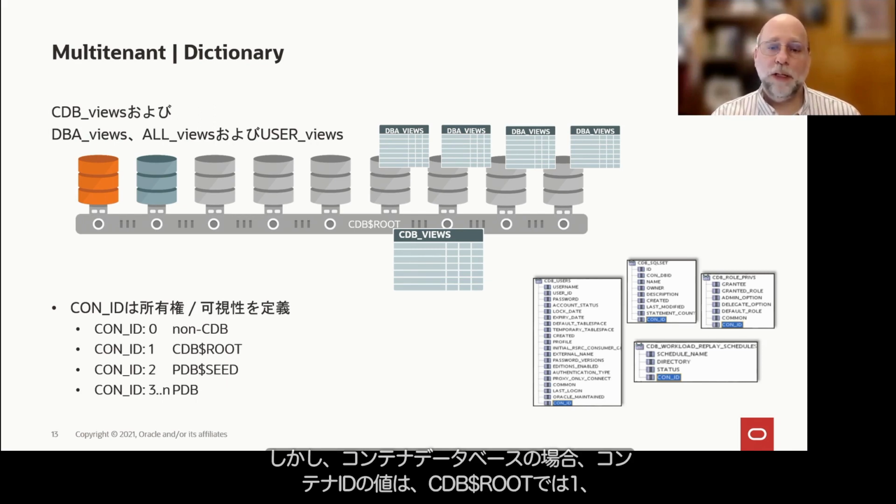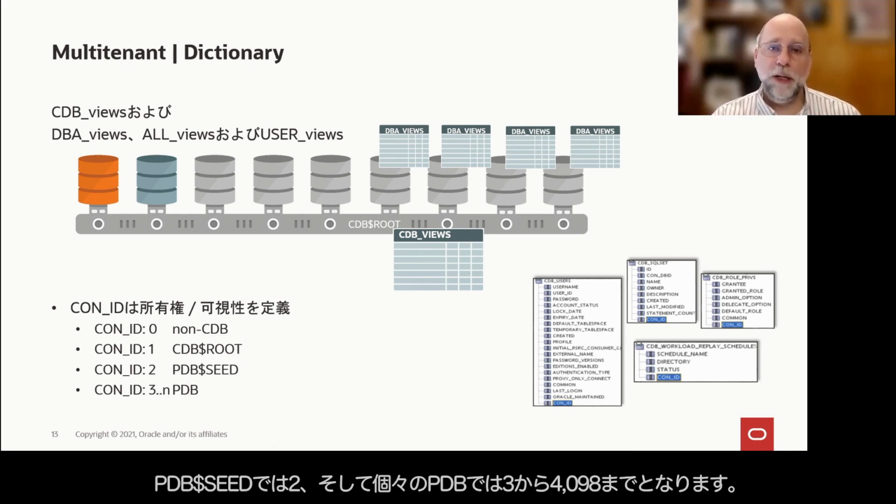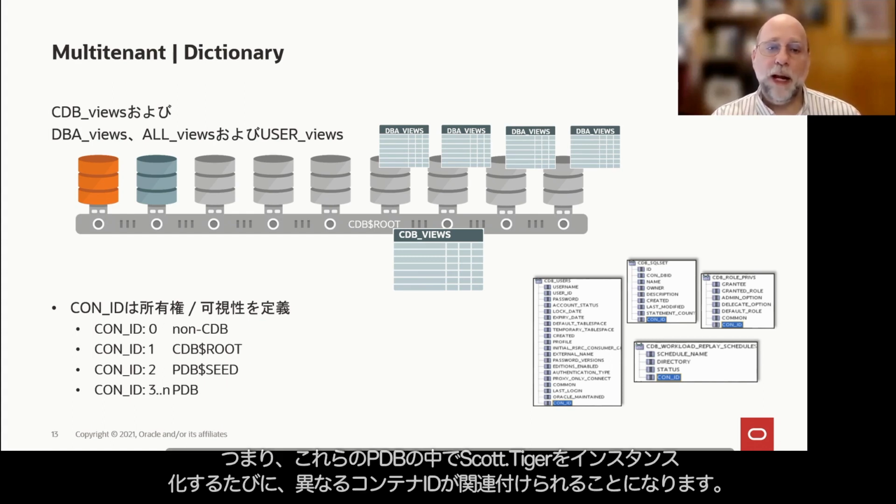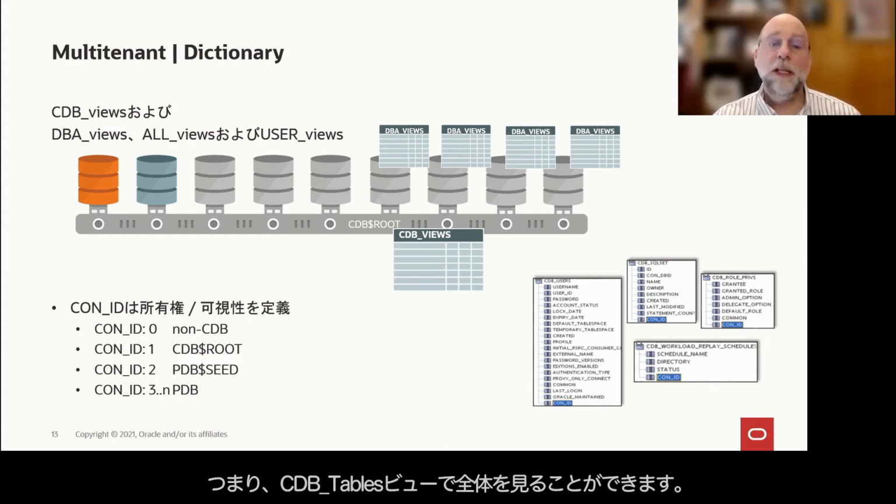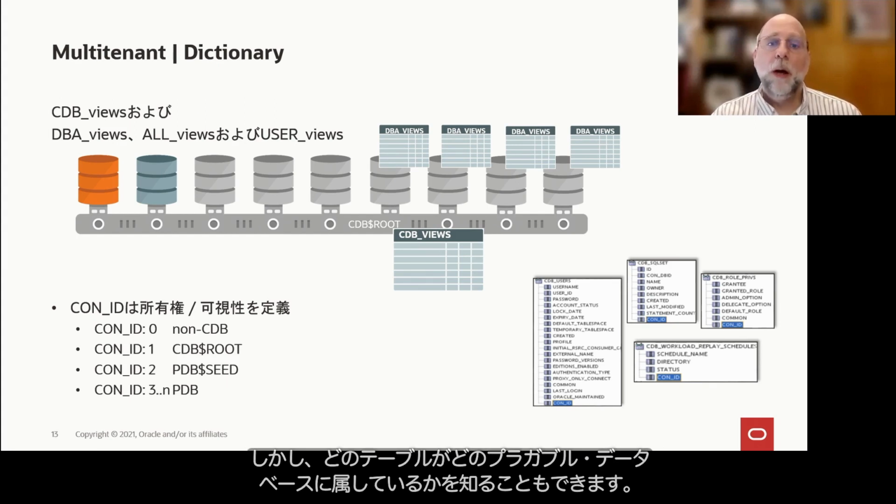But if you have a container database, then the value for the container ID is 1 for the CDB root, 2 for the PDB seed, and then 3 up to 4098 for the individual PDBs. So that means that every instantiation of Scott.Tiger in one of those PDBs will have a different container ID associated with it. So you can see the entire view with the CDB_tables view, but yet you can also then tell which table belongs to which pluggable database.